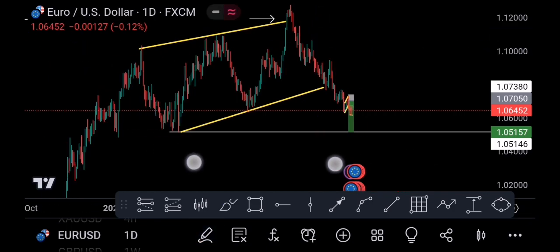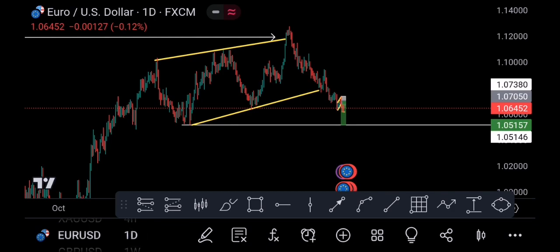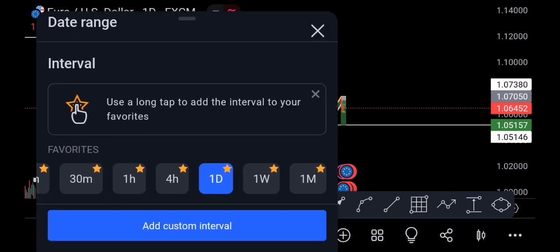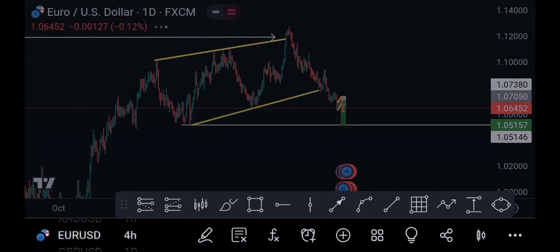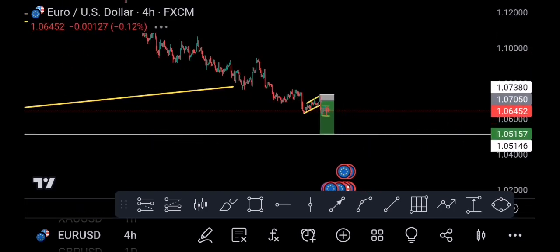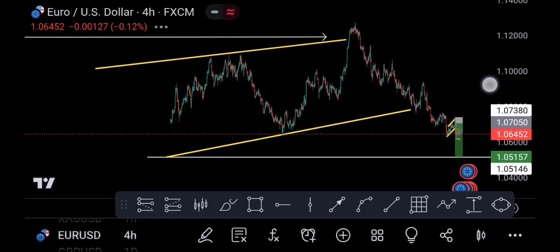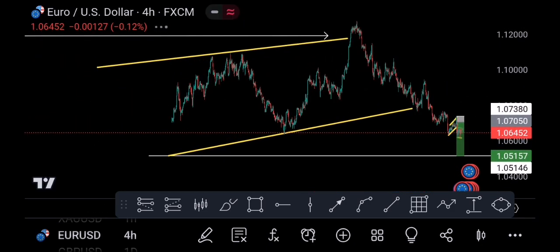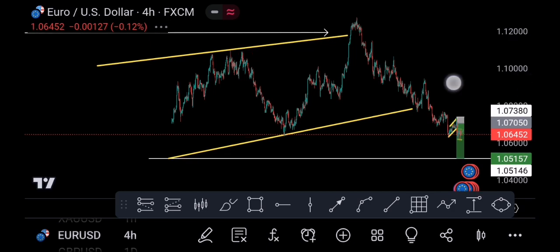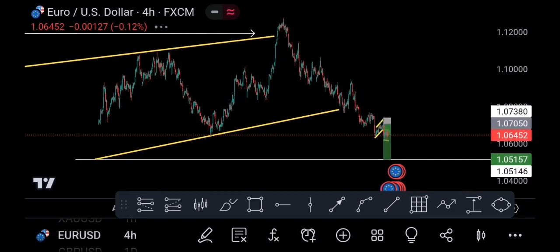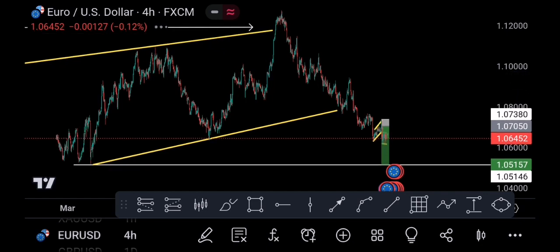Let me move to the 4 hour so that we can see price on a larger scale. Moving to the 4 hour time frame, this is where the price action is being applied. This is where we need to start thinking, if the market is moving in this kind of manner, what am I thinking as a trader?